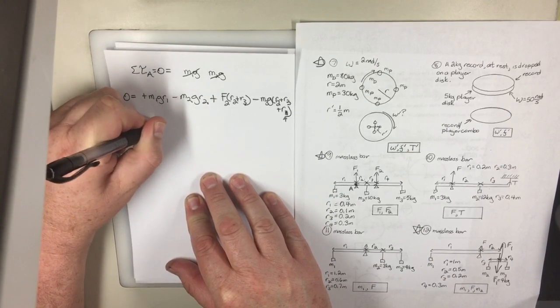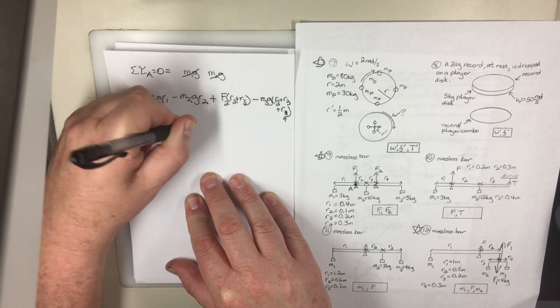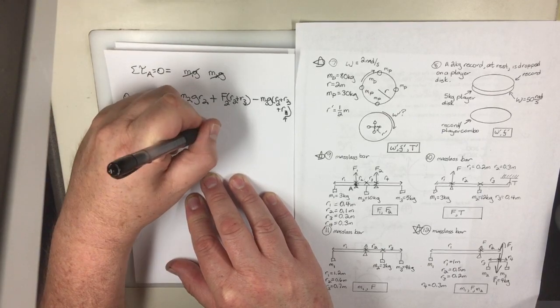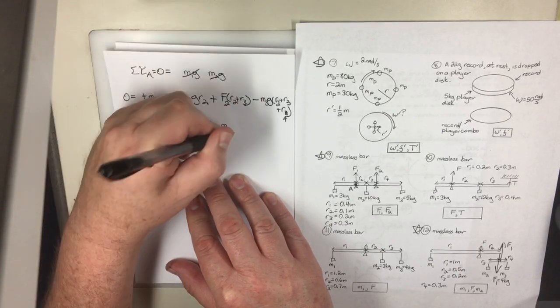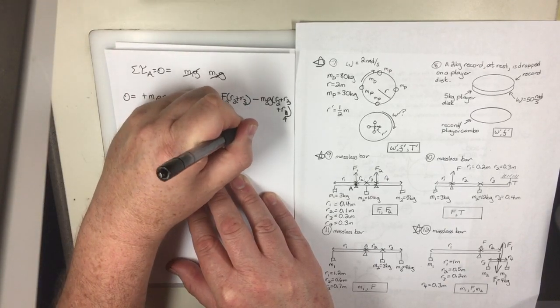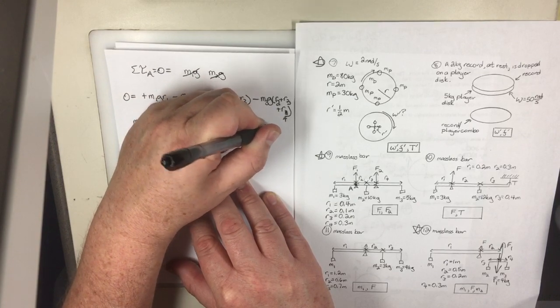M2GR2 plus M3G times R2 plus R3 plus R4 minus M1GR1 equals F2 times R2 plus R3.